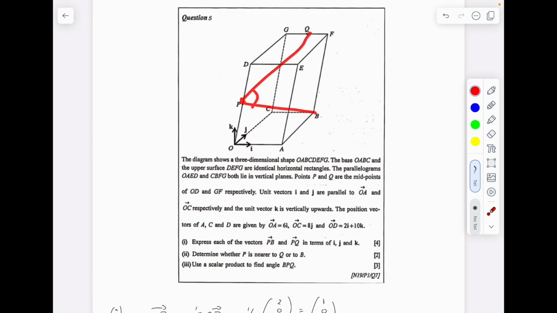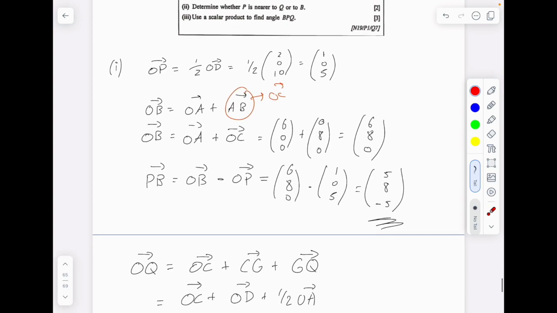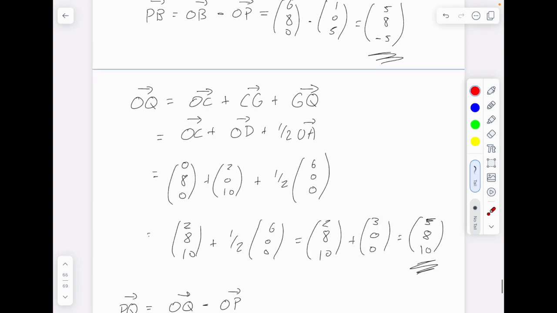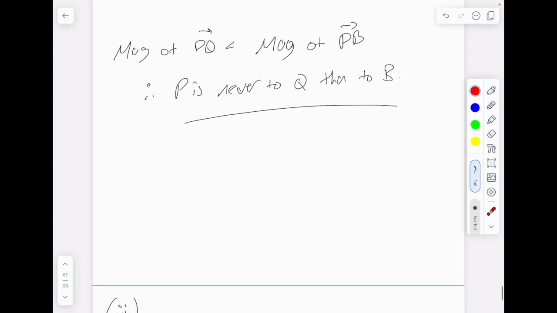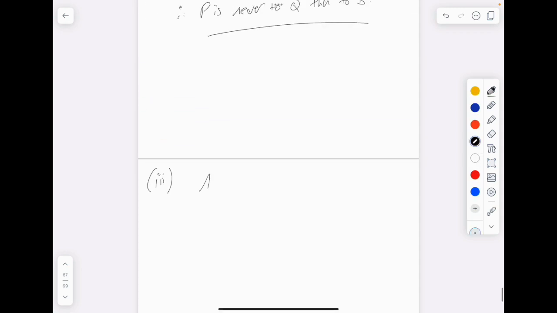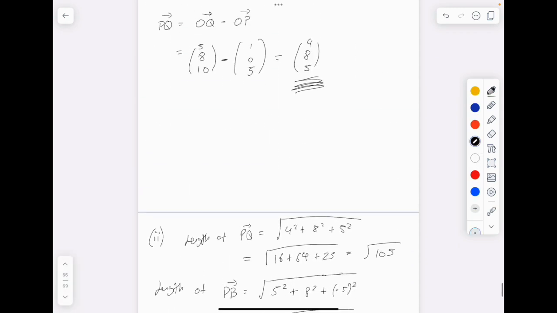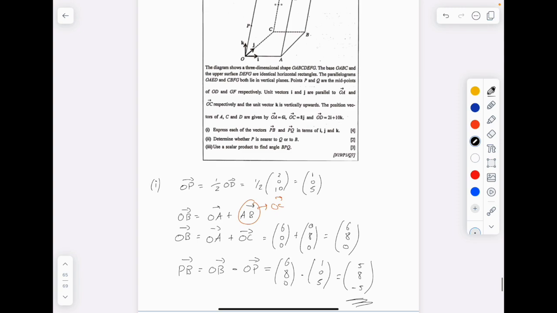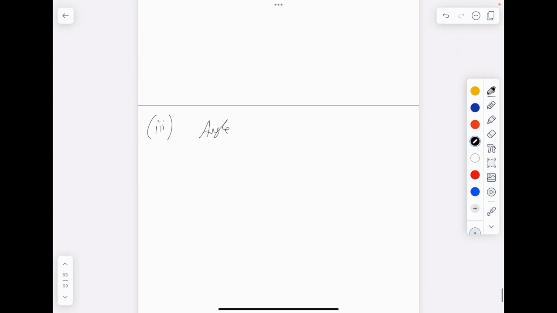PQ. So, what do I do here? What I can say is, okay, what do they want? They want angle BPQ.